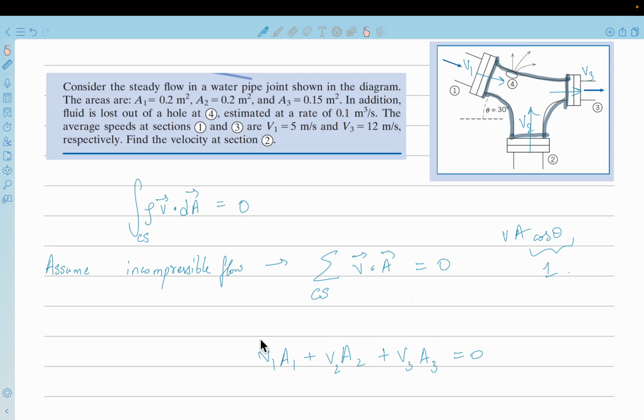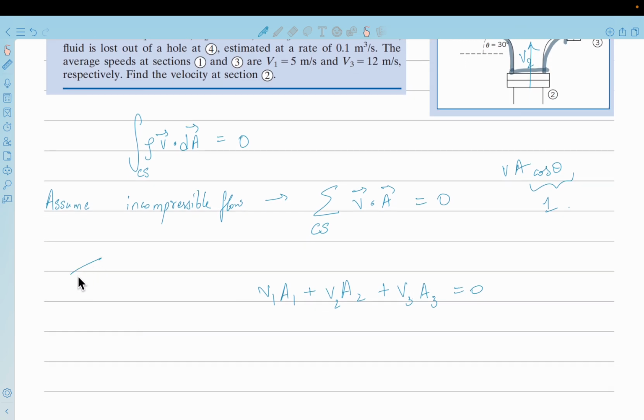Now, always remember that if you have considered a surface and your n cap is in this direction and your velocity is in this direction, then we can take it as positive velocity. If you have a condition where n cap is in this direction but the flow is in this direction, then we will take it as negative.